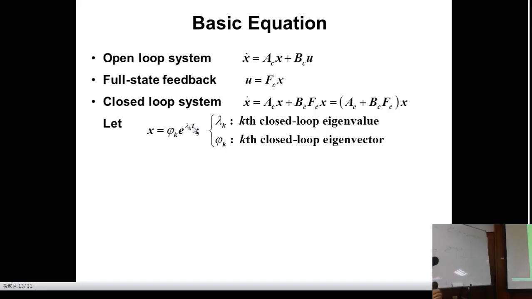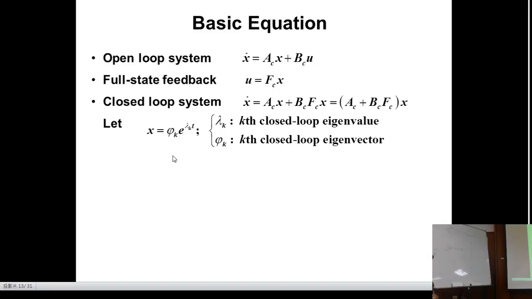Do you remember that I put a set of slides on the website? I showed the eigenvalues and eigenvectors, and how you can solve the differential equation by eigenvalues and eigenvectors.